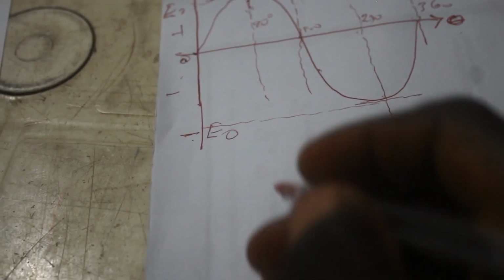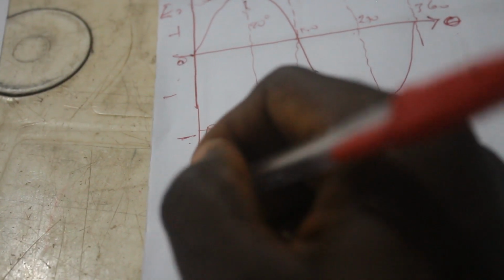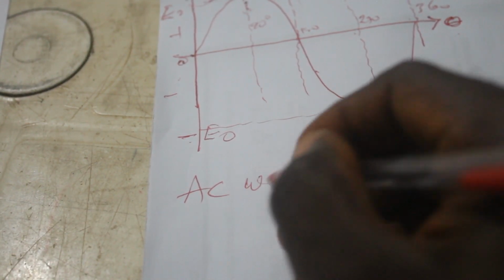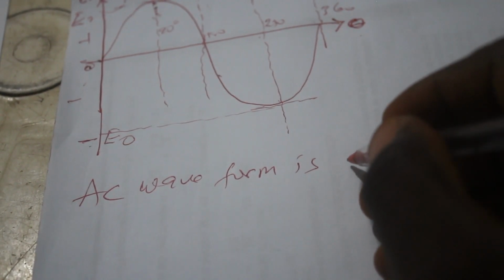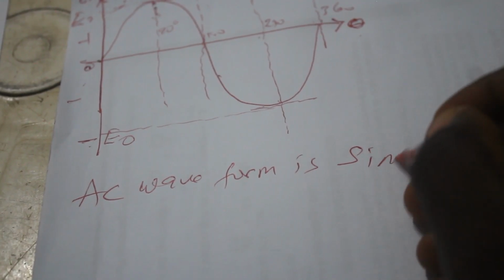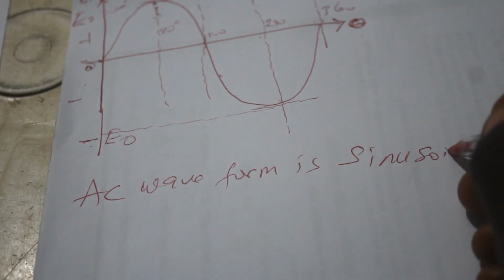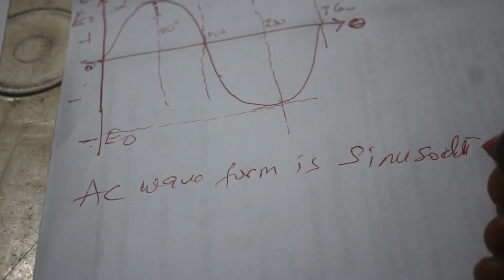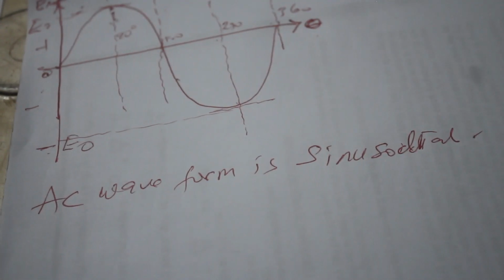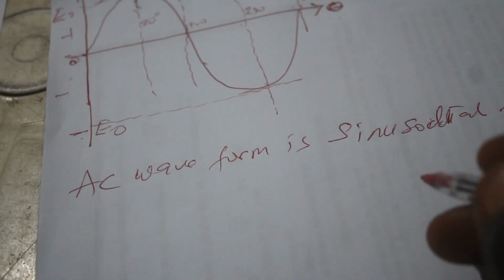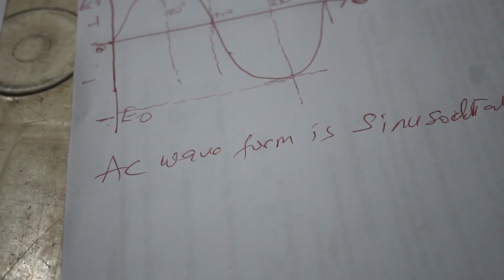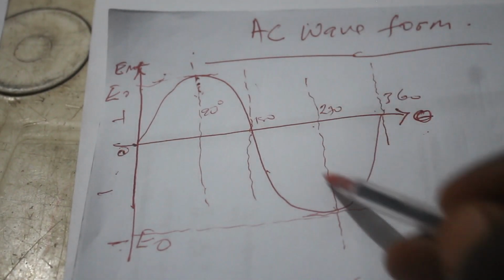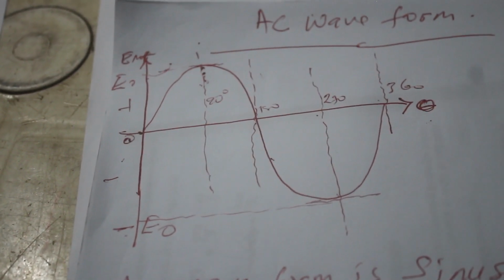So the alternating current waveform is sinusoidal. That is, it goes in a sine wave form in this way.